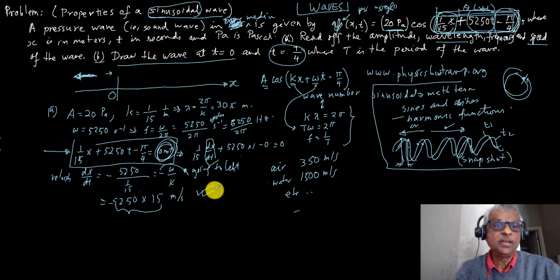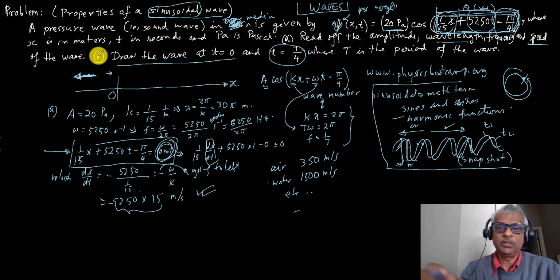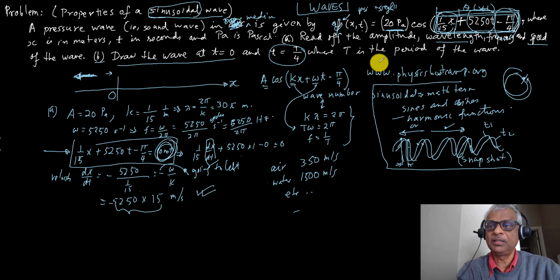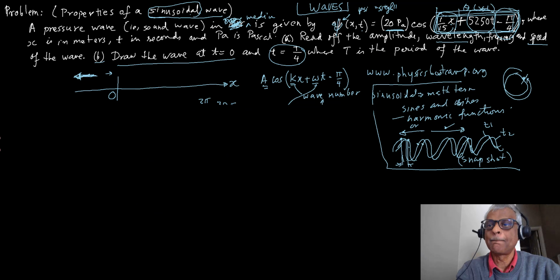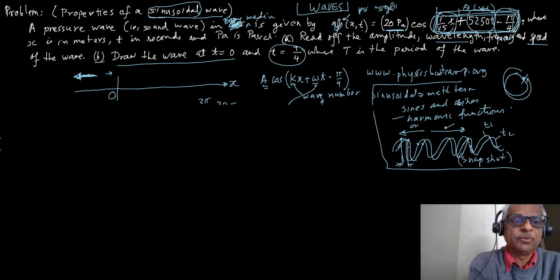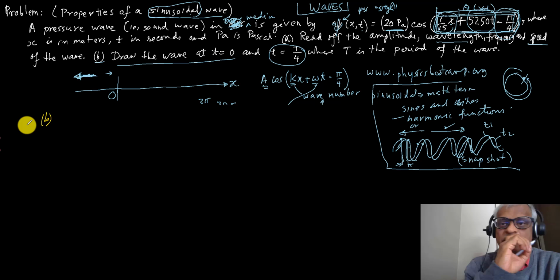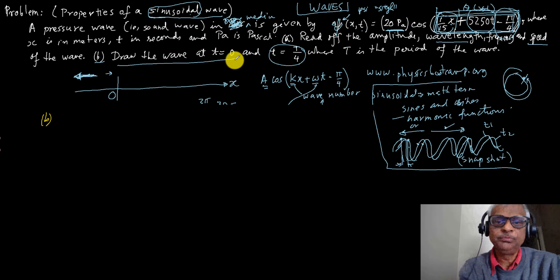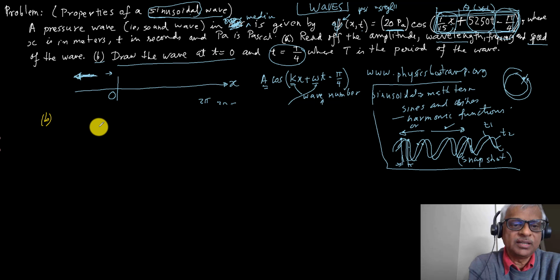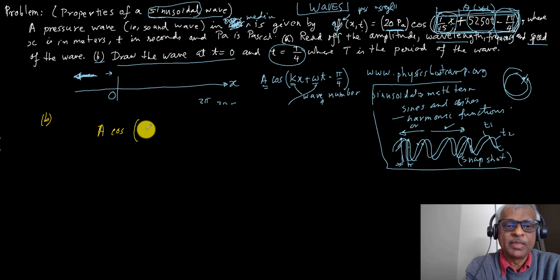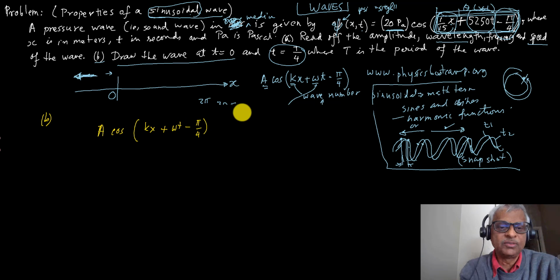Okay, now to answer B, I'll just plot it. For B, how should we plot it? At t equal to 0 is the function I'm plotting. So it's plotting a cosine of kx plus omega t minus pi over 4.